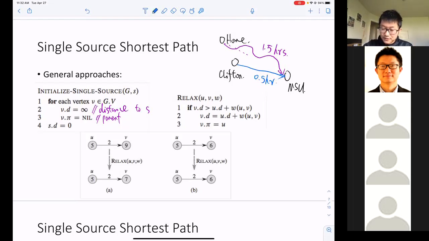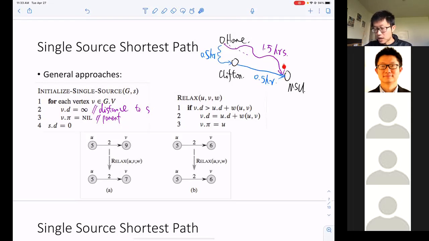And at the same time, Google Maps tells you, okay, I just found a route from your home to Clifton that takes you 0.5 hours. So basically here you got two choices.